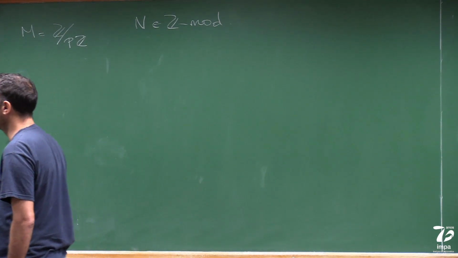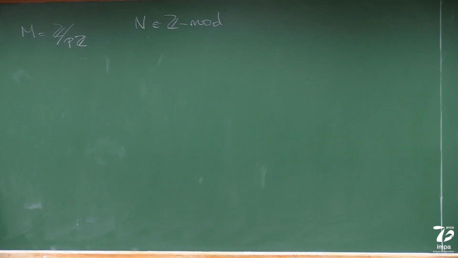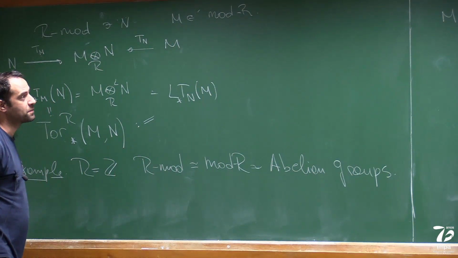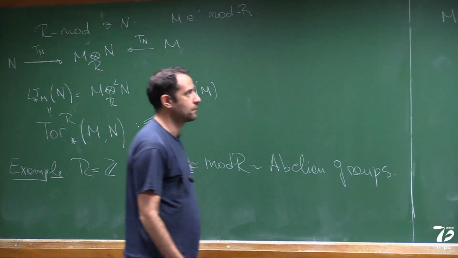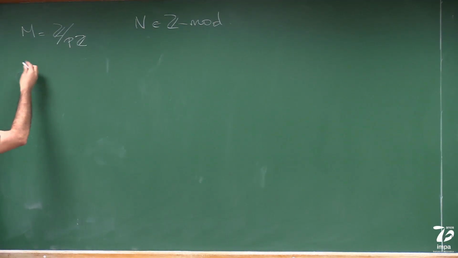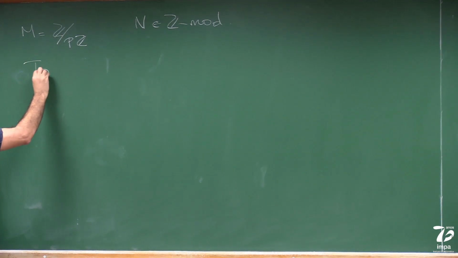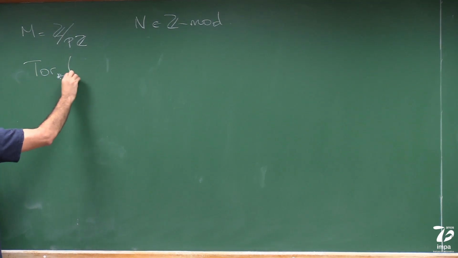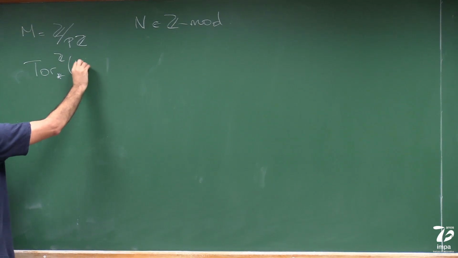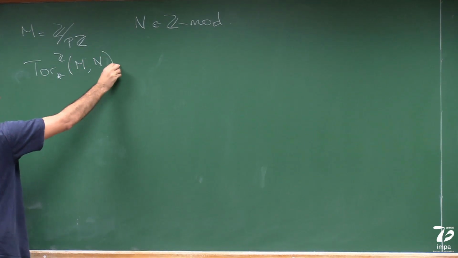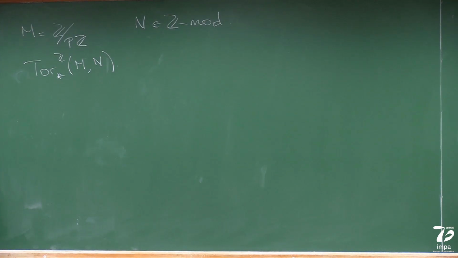So what are the torsion groups of M and N? I want to compute Tor star of the ring Z, M, N. And for this, I'm going to resolve M. I know I can resolve either of them.